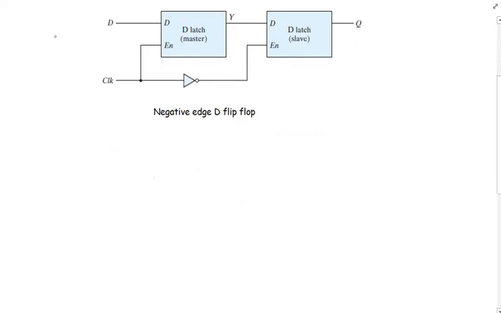For example, if initially the clock signal is equal to 0, let's call this one enable 1 and this one enable 2. So enable 1 is equal to 0, enable 2 is equal to 1.